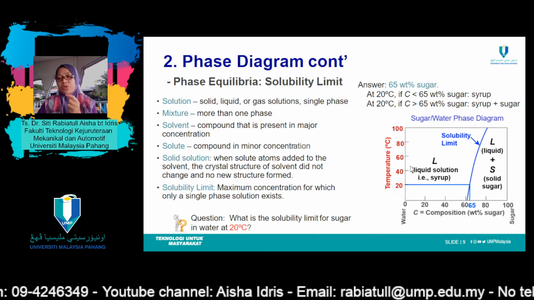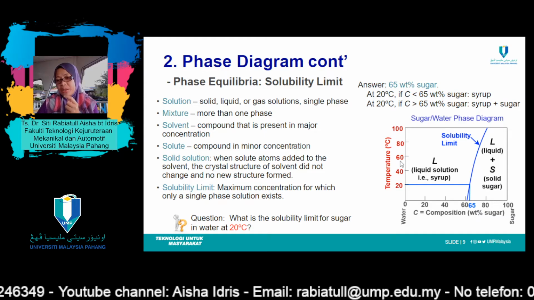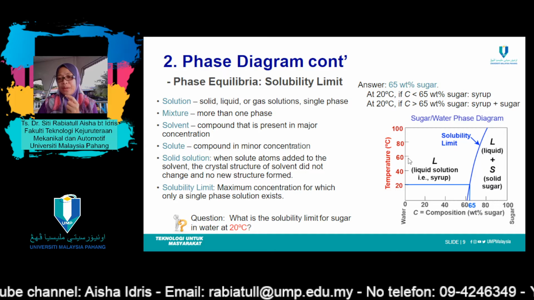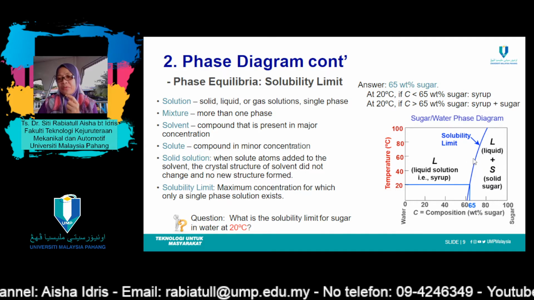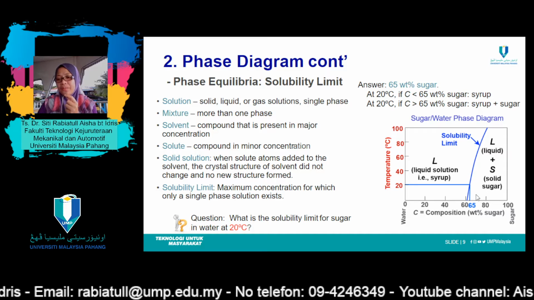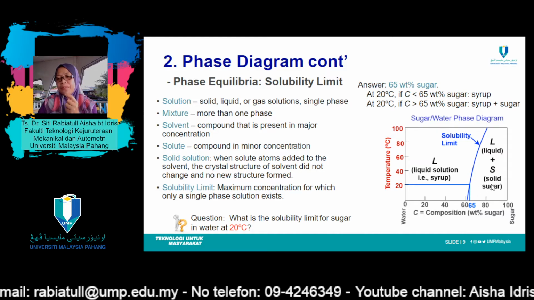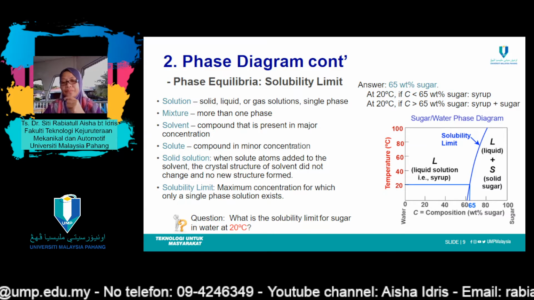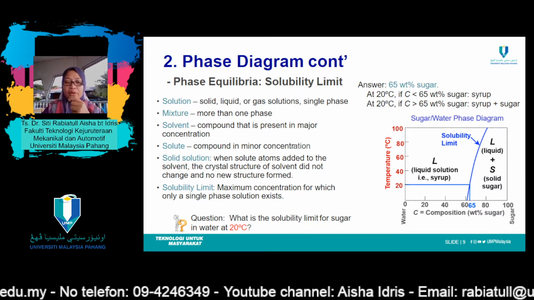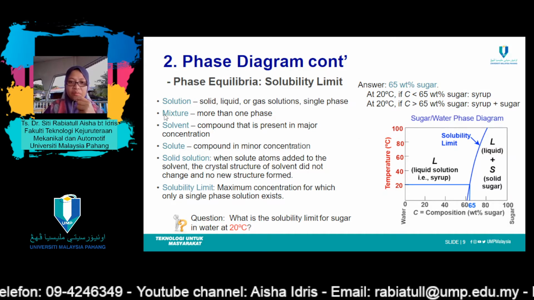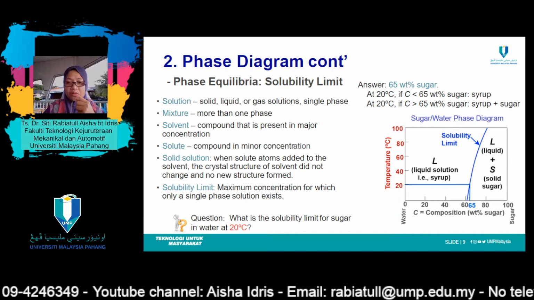And the same goes if we increase the temperature to 60 degrees C, making a line from this point until it reaches the boundary over here, then it reaches this phase, which is liquid plus solid sugar. And the rest of the terminology, I think you can read on your own, starting from solution, mixture, solvent, and so on and so forth.